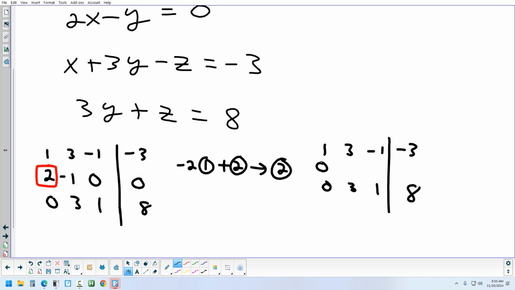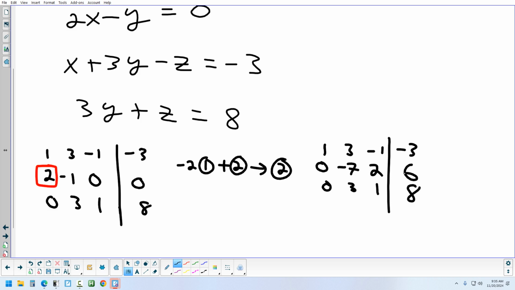What's 3 times -2? -6. -6 minus 1 gives me a -7. What's -1 times -2? 2. 2 plus 0 gives me a 2. And -3 times -2, 6, plus 0, 6. Okay, so your first column is done.